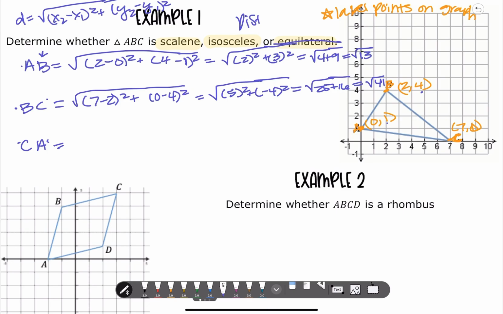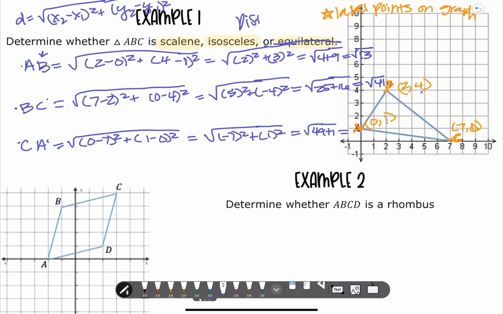So let's figure it out by finding the length of CA. So again, x2 minus x1 squared plus y2 minus y1 squared. All right, we get negative 7 here, squared plus 1 squared, 49 plus 1.